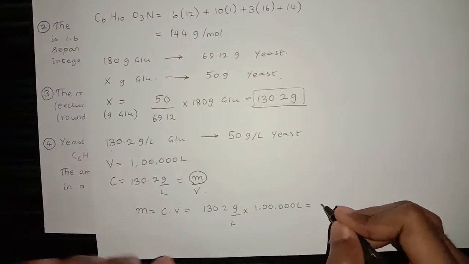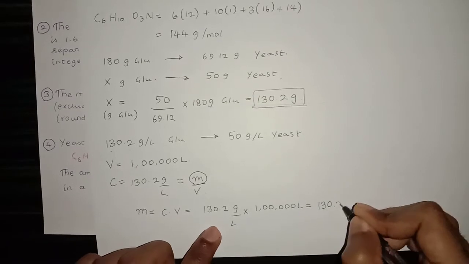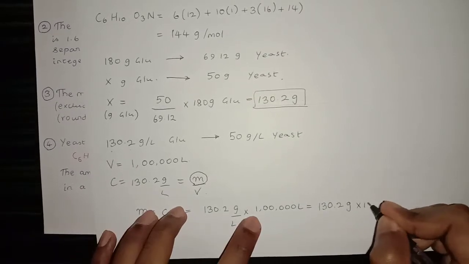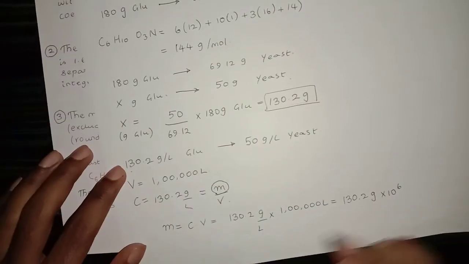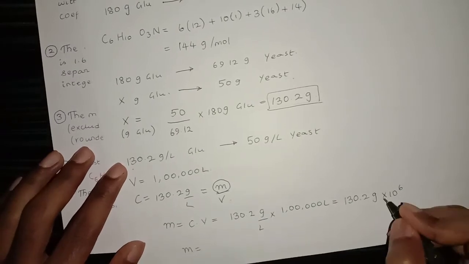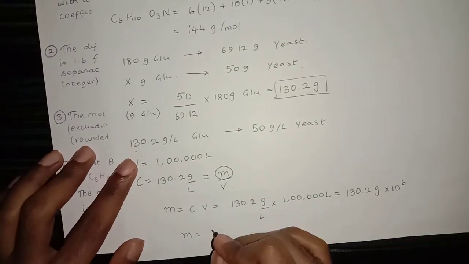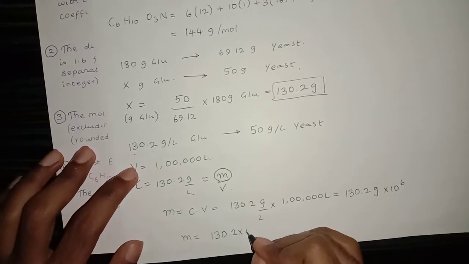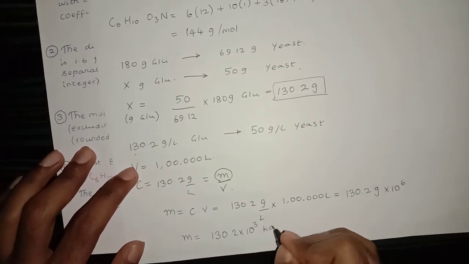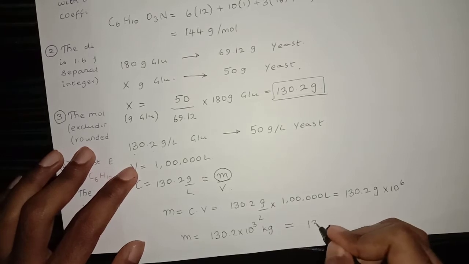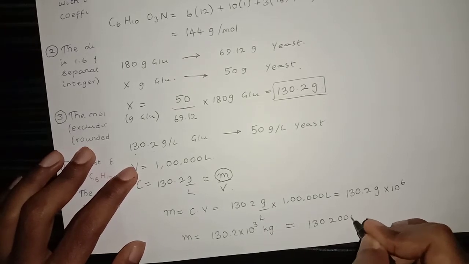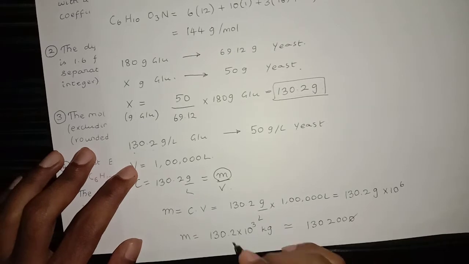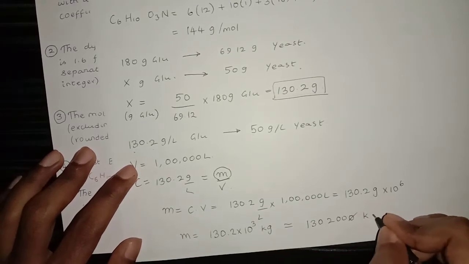So it's 130.2 grams into 10 raised to the power 6. So mass is equal to 130.2 into 10 raised to the power 3 kg, which is equal to 130,200.